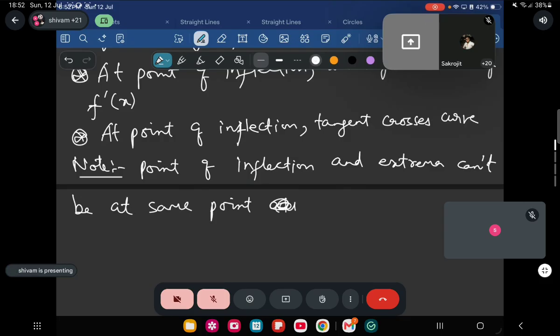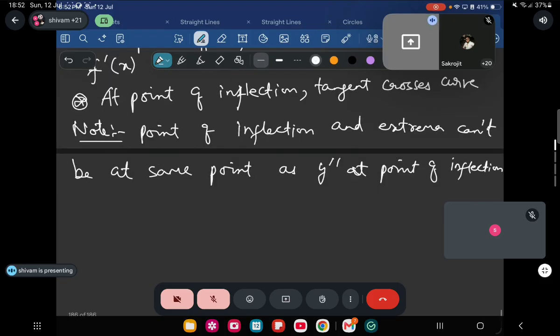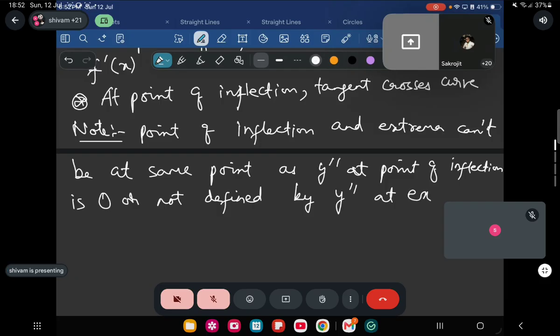As y double dash at a point of inflection is 0 or not defined, but y double dash at extrema is not equal to 0.